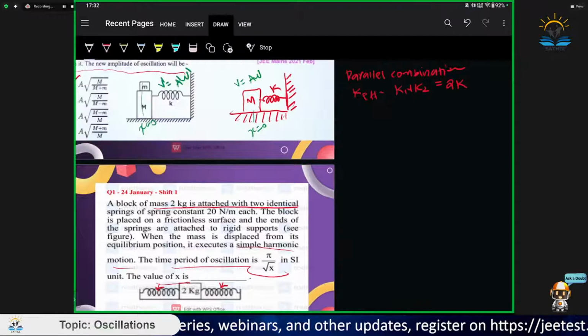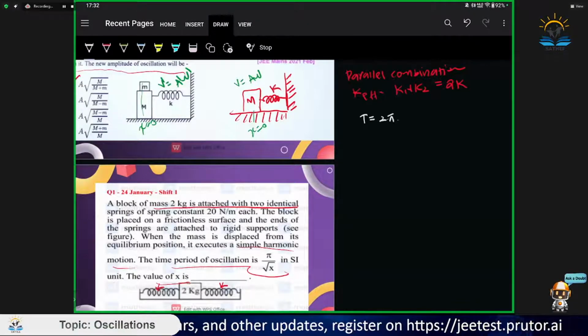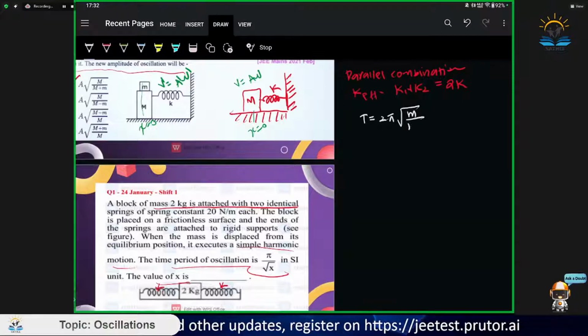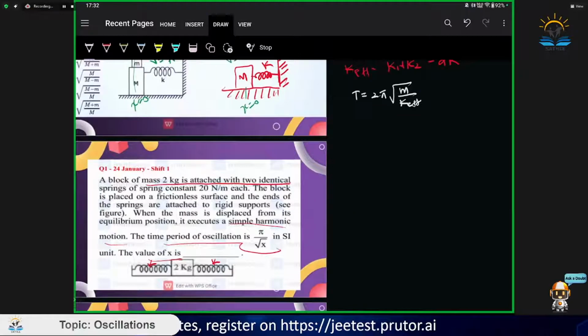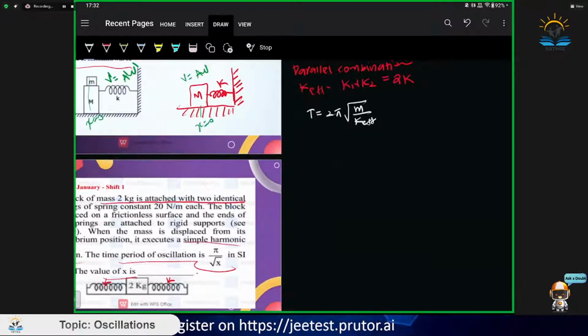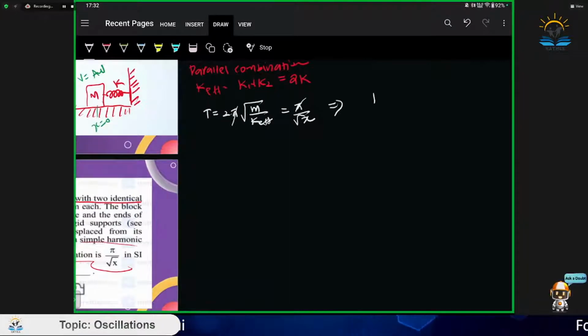So let's solve. We know the time period equation: T equals 2 pi into root of M by K effective. The question says the time period of oscillation is pi by root x. Just equate with this. Cancel pi and square both sides: 4m divided by K effective, which is 2k, equals 1 by x.